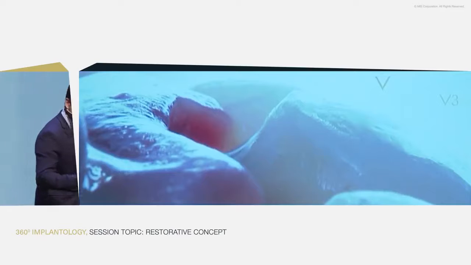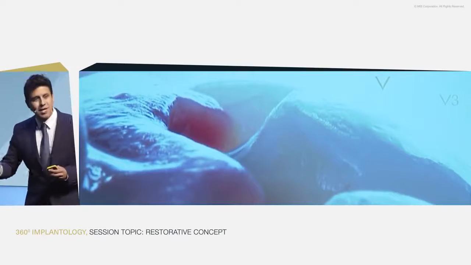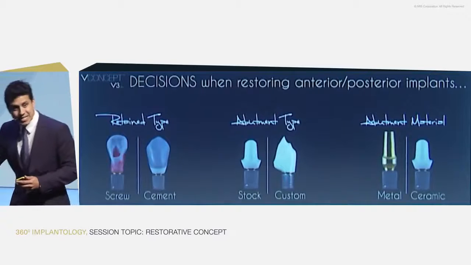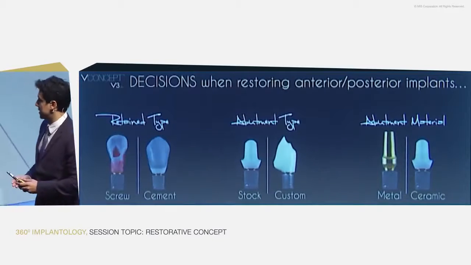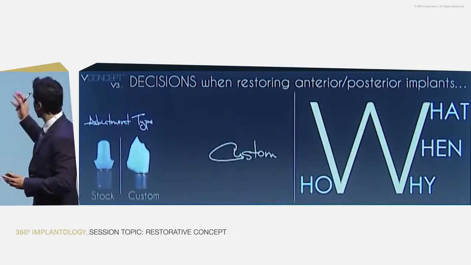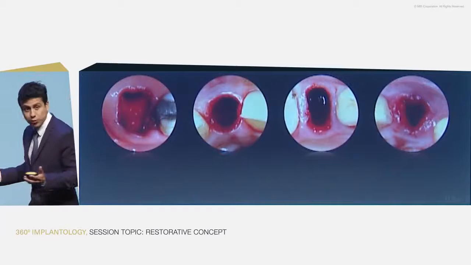To do that, we sometimes have to start customizing our restorations since the provisional phase. So now let's understand when, why, and how we have to customize it since the provisional phase.